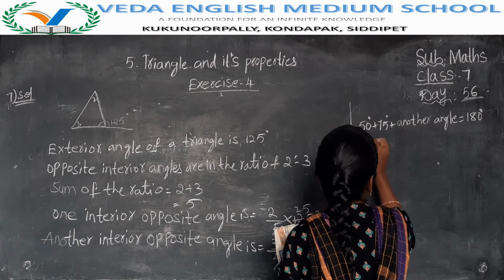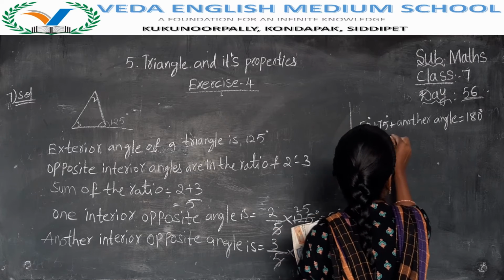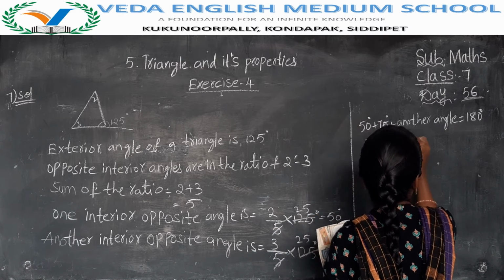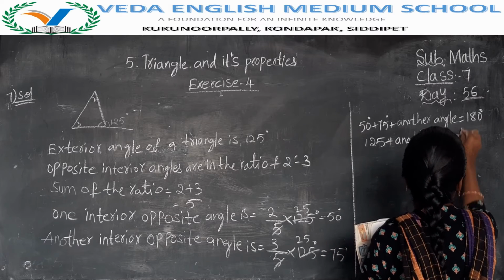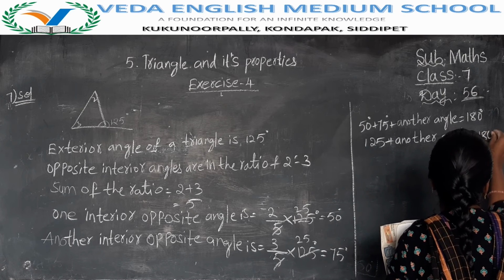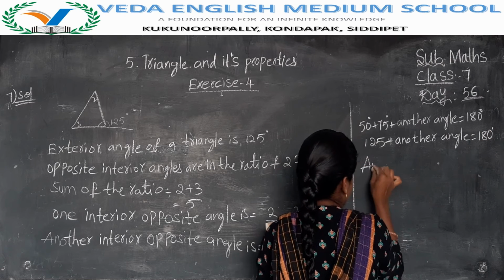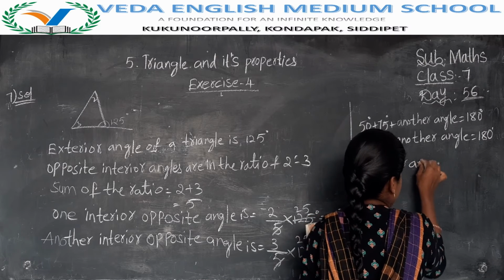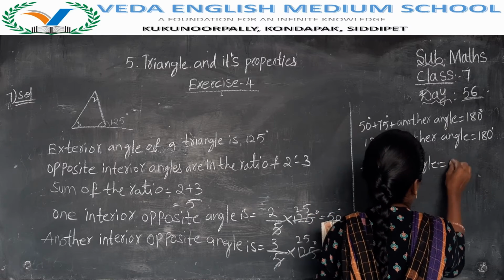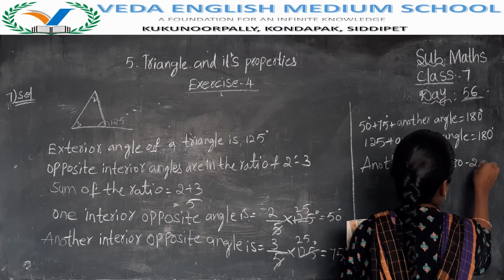50 plus 75 is 125. 125 plus another angle is equal to 180 degrees. Then another angle of a triangle is equal to 180 minus 125.